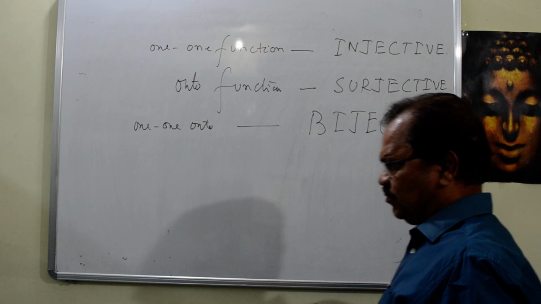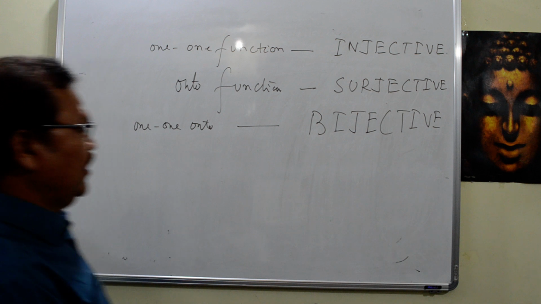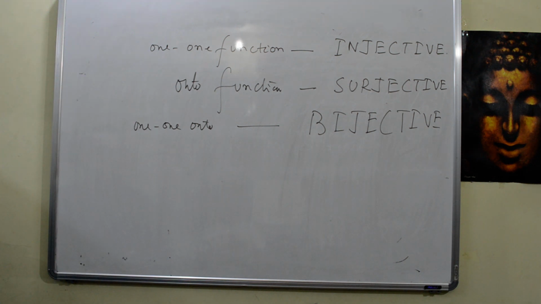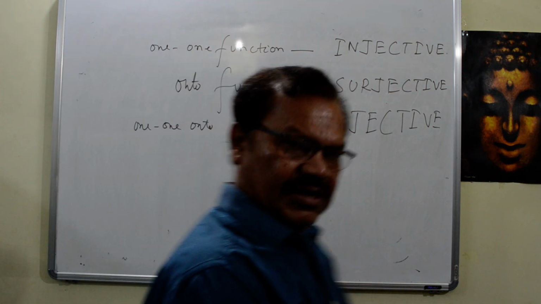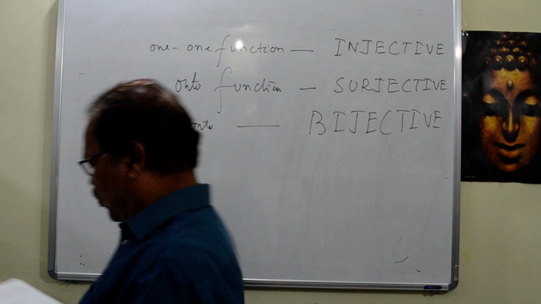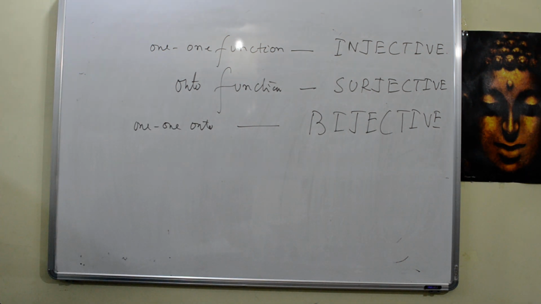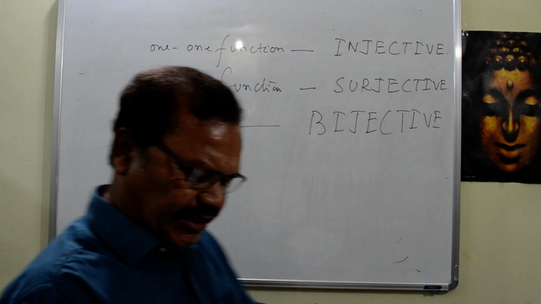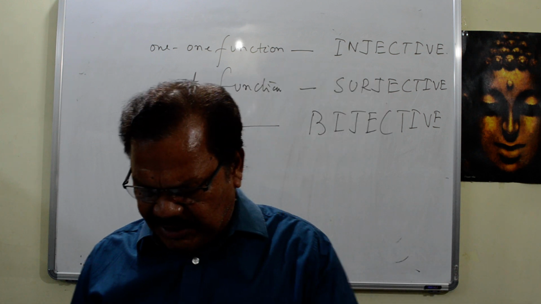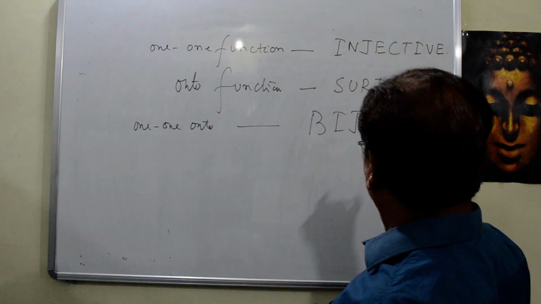That is, a one-one function is injective, an onto function is surjective, and this one-one onto function is known as bijective. So here is the case of the similar condition. If there is a question to check the injectivity, surjectivity and bijectivity, please mind it, you have to follow this norm.